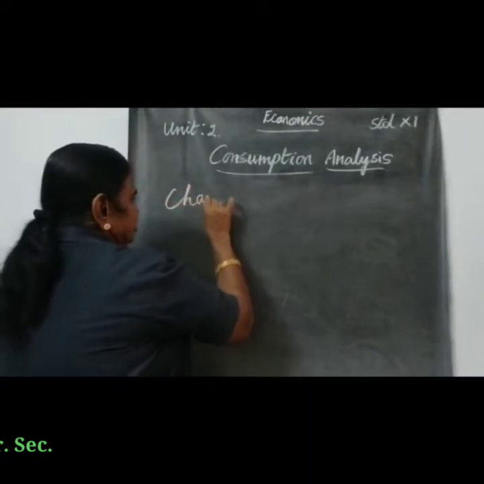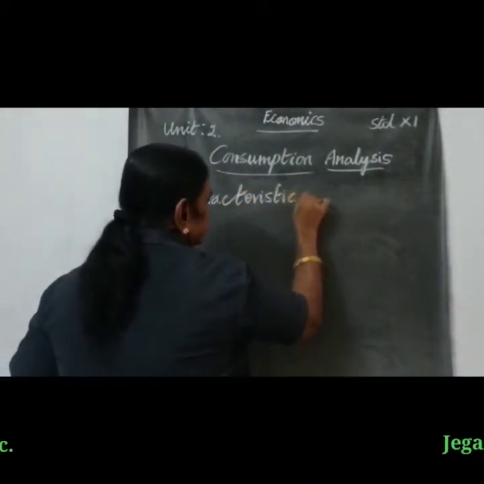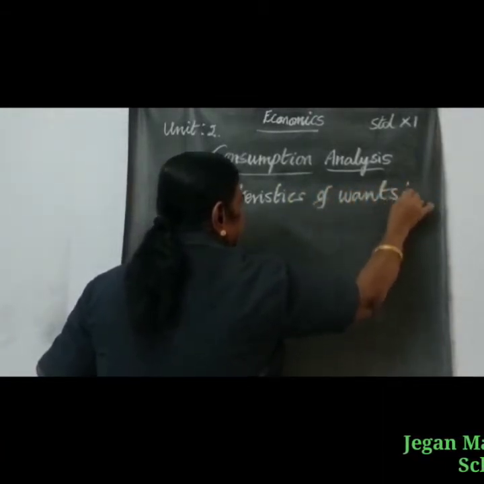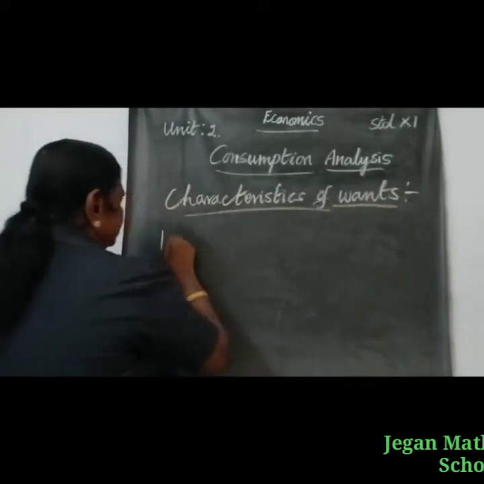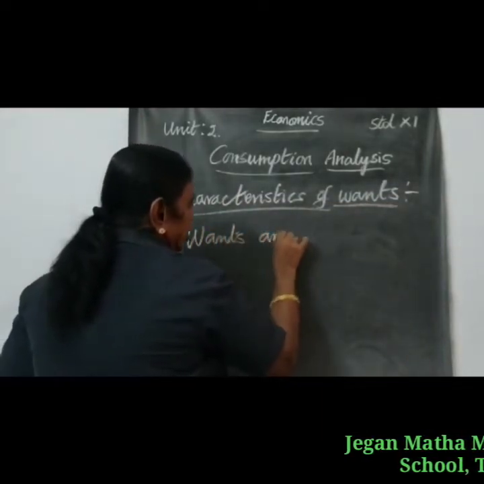So under characteristics of wants, the first one is wants are unlimited.